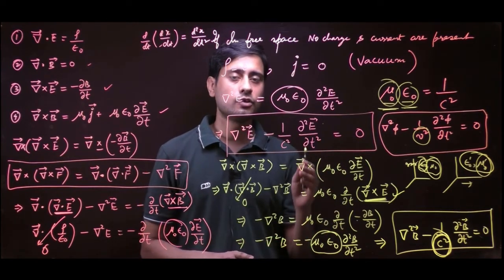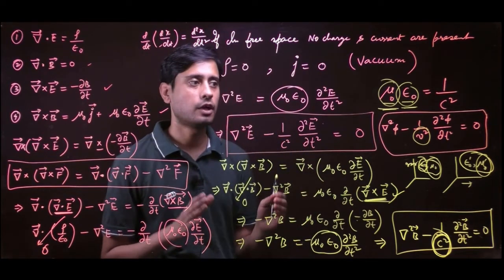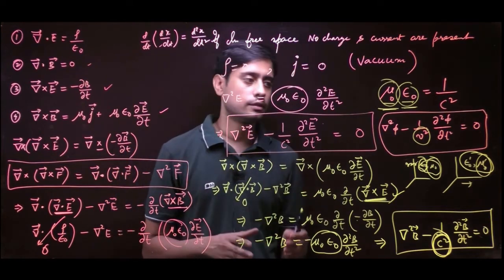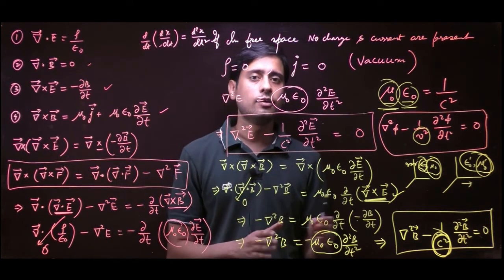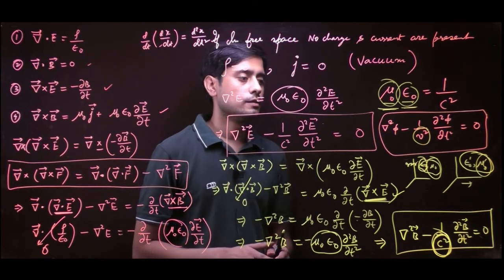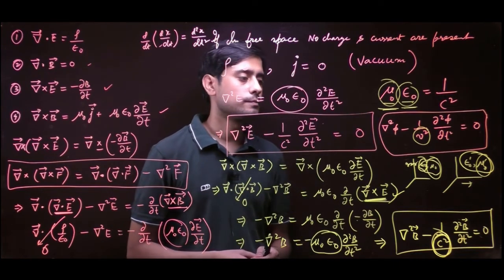So Galilean transformations are not an appropriate kind of transformation for electromagnetic theory to work. There is a need for some different kind of transformation which can accommodate the laws of electromagnetism.